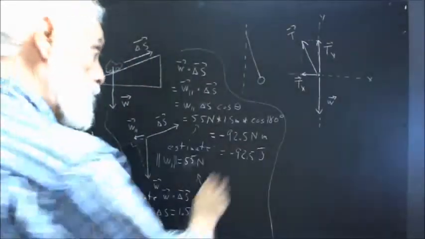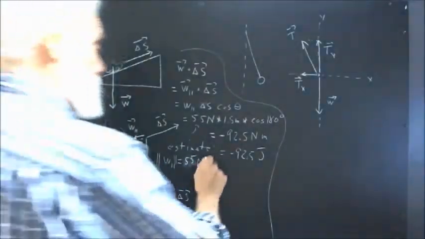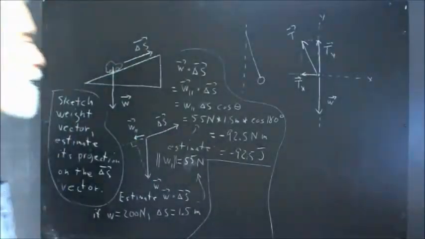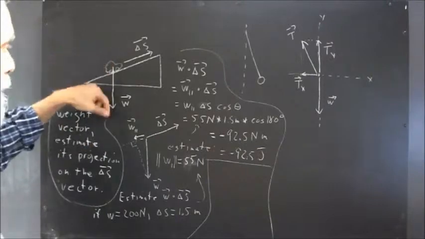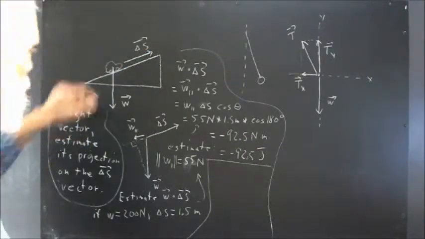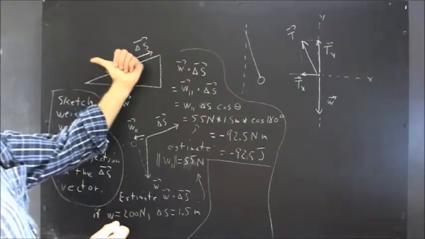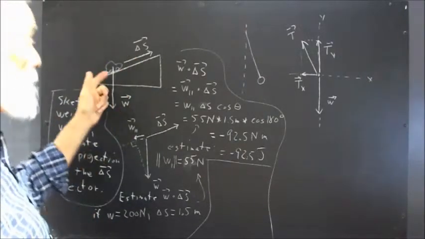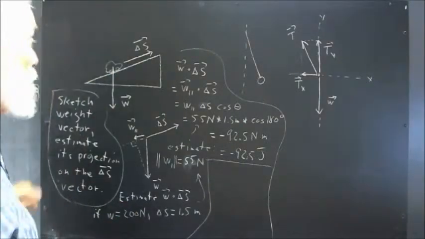Now, what's the meaning of this? And why should this make sense? Well, we notice that W is acting this way, delta S this way, and the component of W parallel to delta S is down the incline.